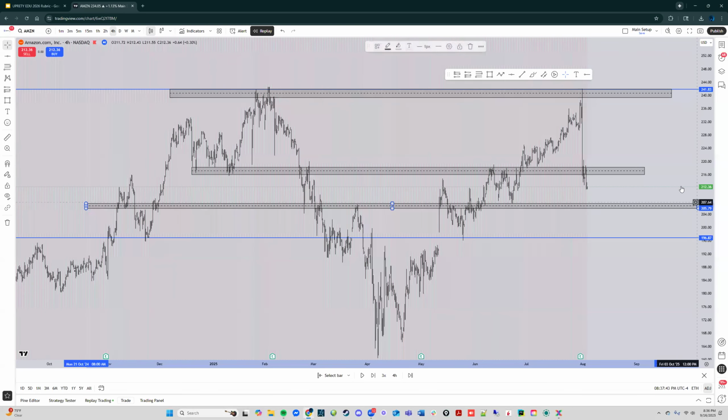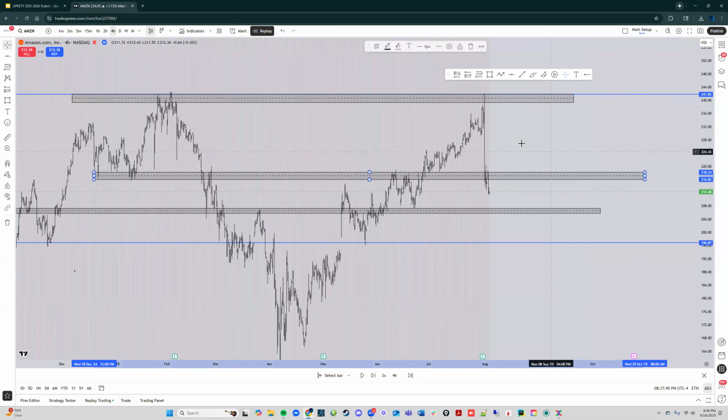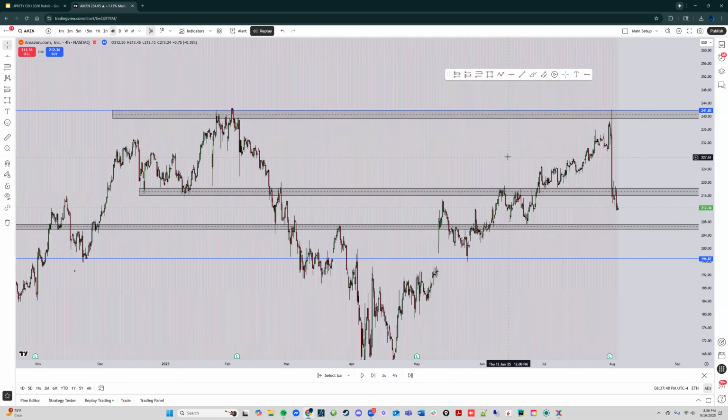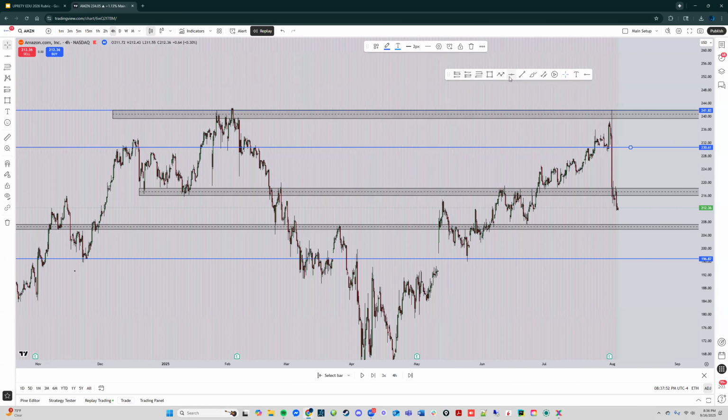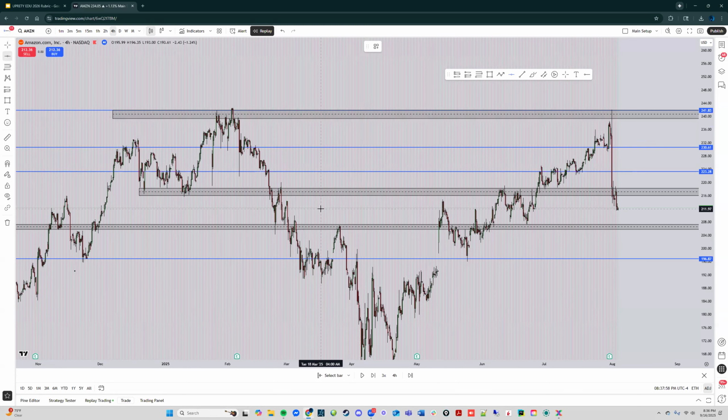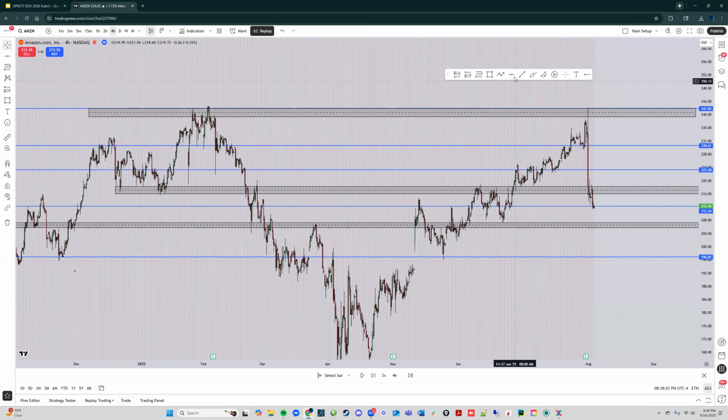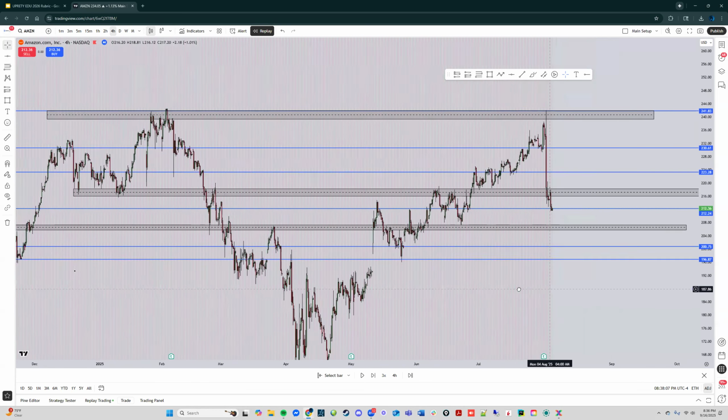I'm also going to draw this out. Now we're going to draw our normal support and resistance levels. Let's play the game that we've been playing all week: you tell me long or short, and then you give me a reason.